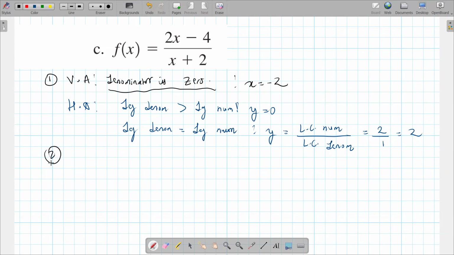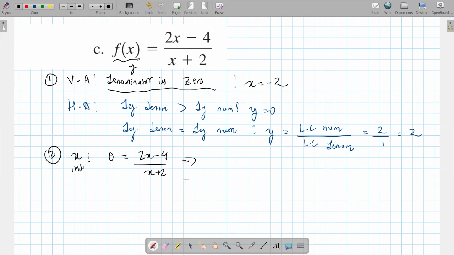Second step, you're going to find your x-intercept by setting y equal to 0, or f(x), this is y. Setting that equal to 0 and solving for x. How do you solve this for x? So get rid of the denominator.